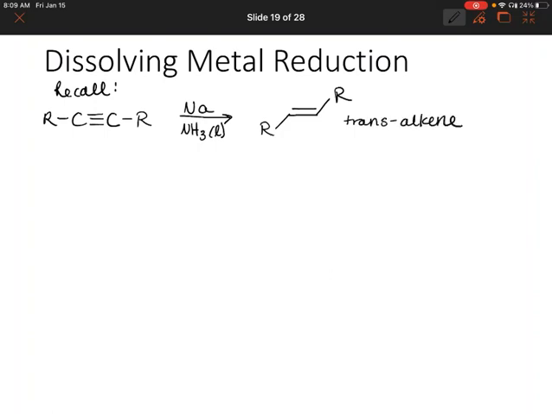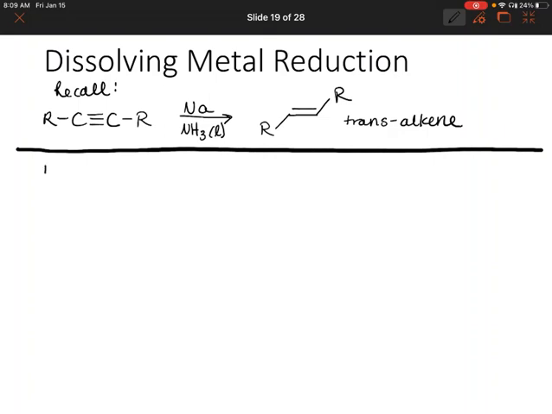So the R groups are on opposite sides of the double bond. Now, I told you that this was a radical mechanism, so you didn't have to worry about it at the time, but now let's go over that radical mechanism.